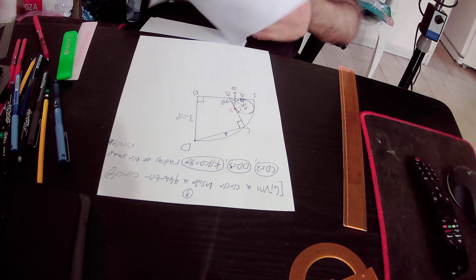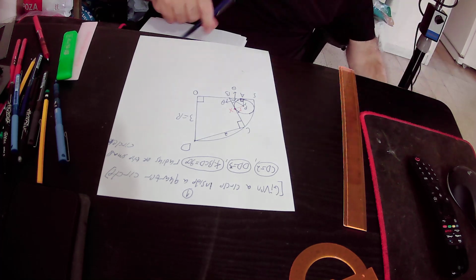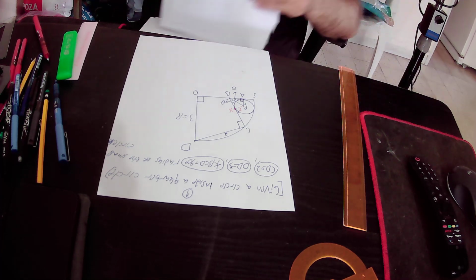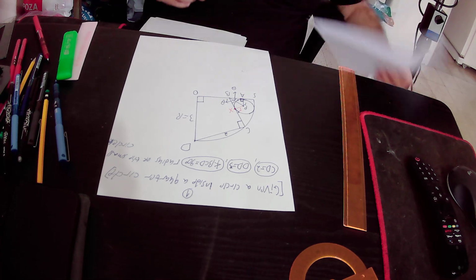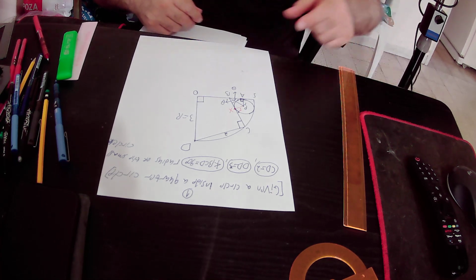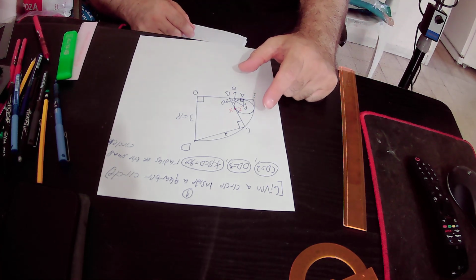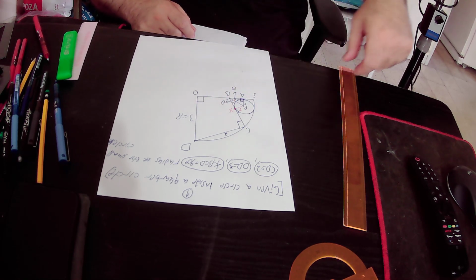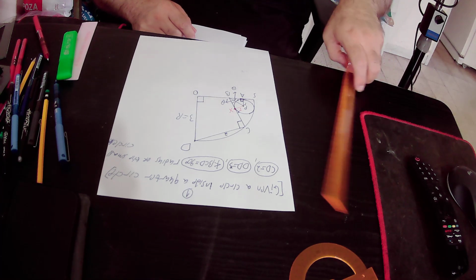So in the next step we will extend line segment CB and the radius DO until they intersect each other.